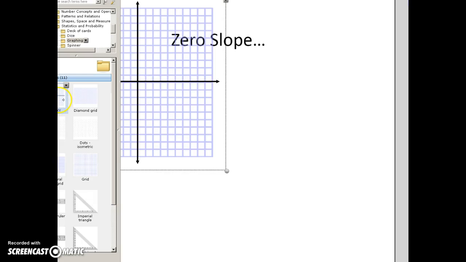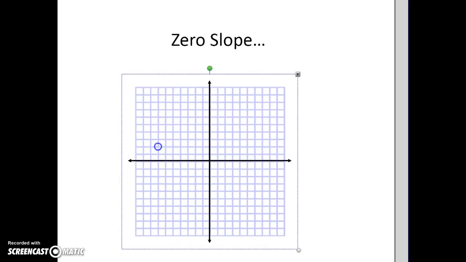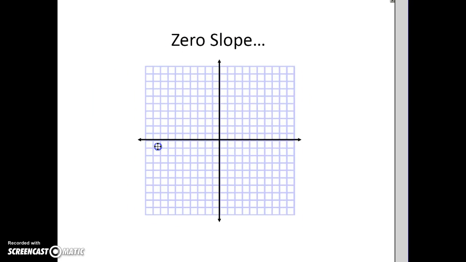Zero slope. We said that zero slope is a horizontal line. And let's look and see how that illustrates. Okay, flat line. If I pick 2 points on my line, here's a point, and here's a point.